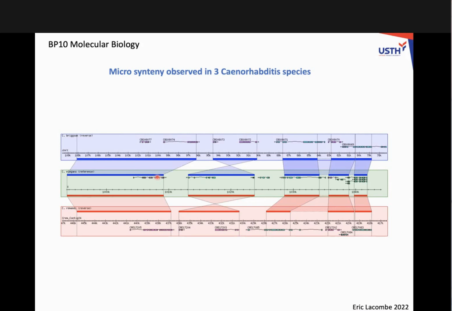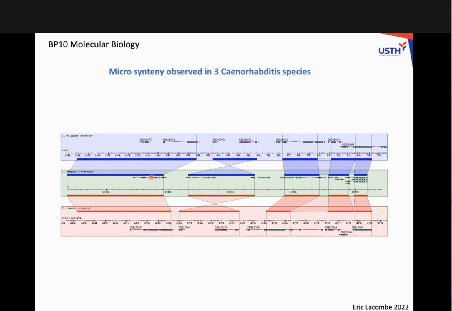If you look carefully, there are a few strange things, but we're not going to talk about those. This position here in the blue one is exactly the same as this position in the C. elegans genome sequence, and this one is the same as this one.